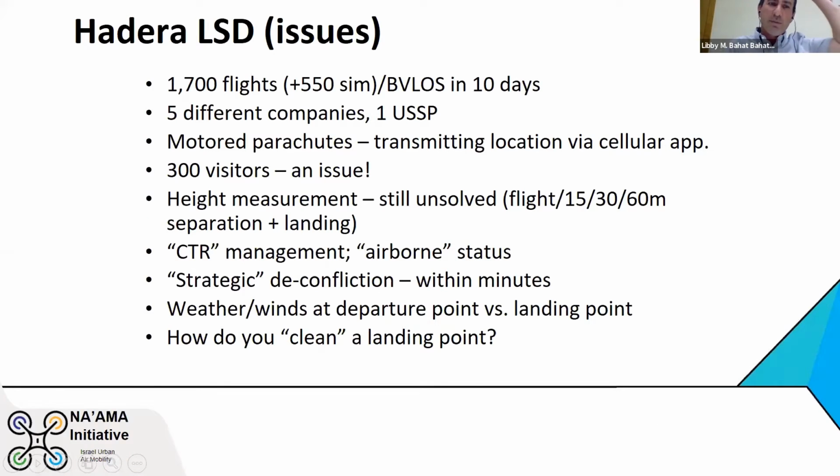Last four slides with the main lessons learned. So we're talking about almost 2,000 flights. Some were simulated, something you should think about when preparing these demonstrations. Five different companies. In a week from now, the second demonstration is going to be more of a single USSP, and we're going to switch the USSP every two demonstrations.